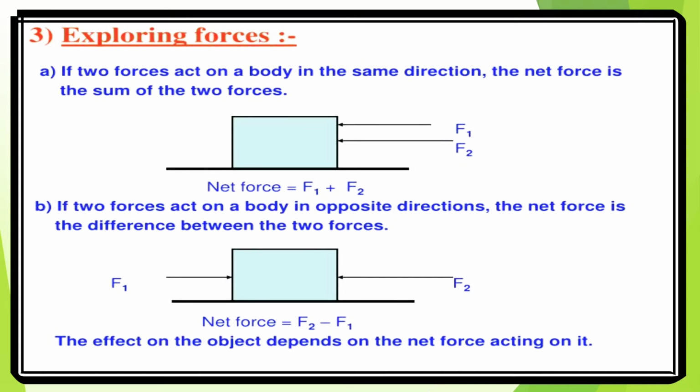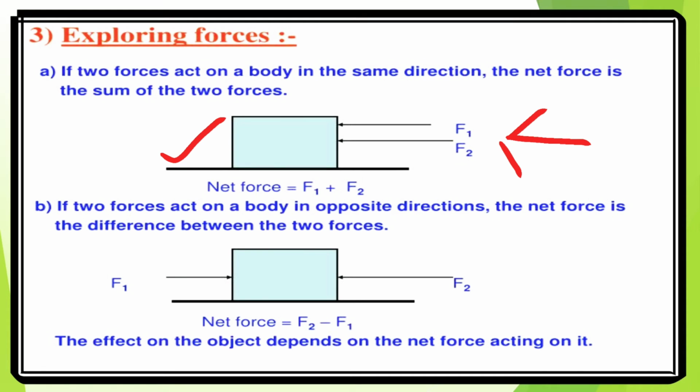Here force also depends on direction. That means the direction in which you are applying force also matters a lot. You can see in the first figure, a block has been kept over here and two forces are applied from this direction, that is F1 and F2.